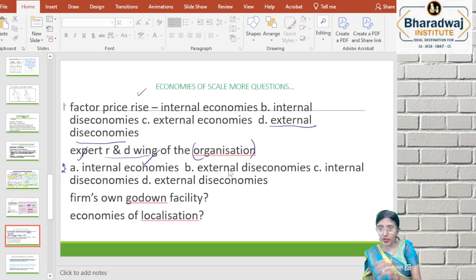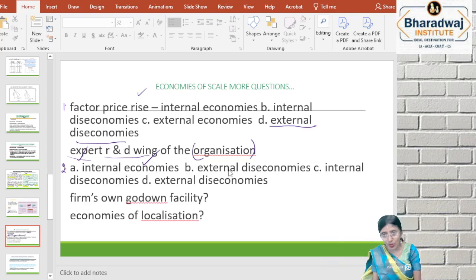Now, how did I find out? Oh, this is pertaining to the organization. It's not saying R&D wing of the government of India, or of some other big firm of the country, no. It is of the concerned organization, and expert. Likewise, look at the previous example. Factor price rise is always a burden. Raw materials are expensive, factors of production are expensive, inputs are expensive. It's a diseconomy.